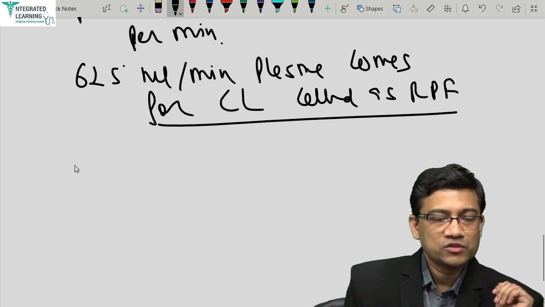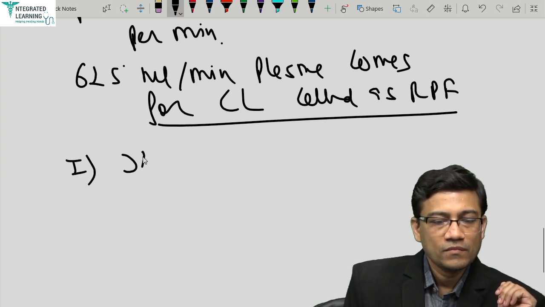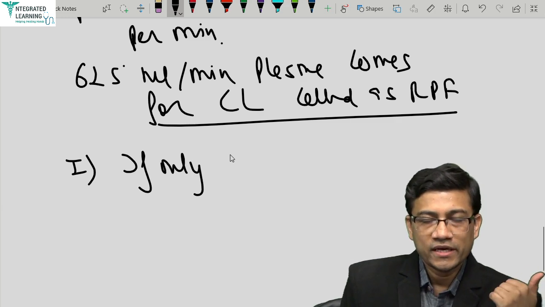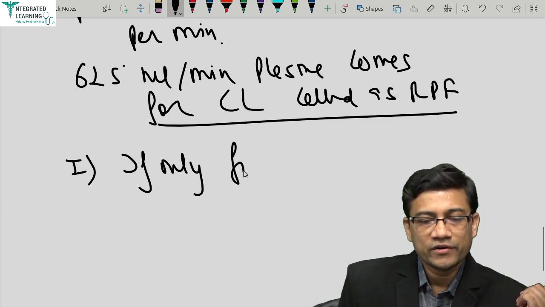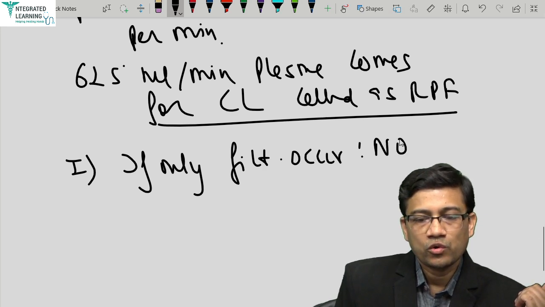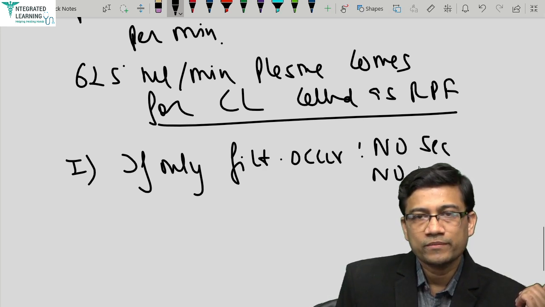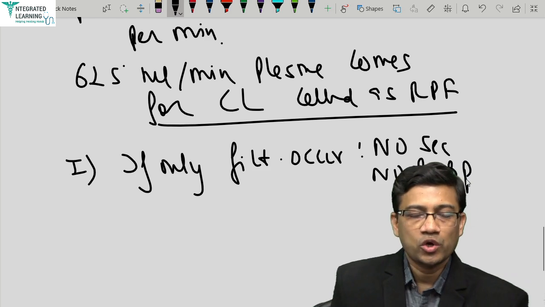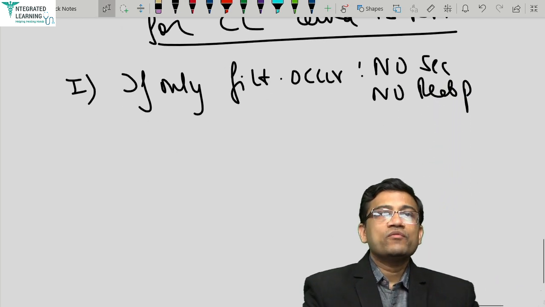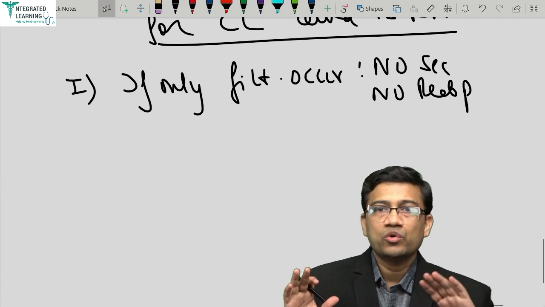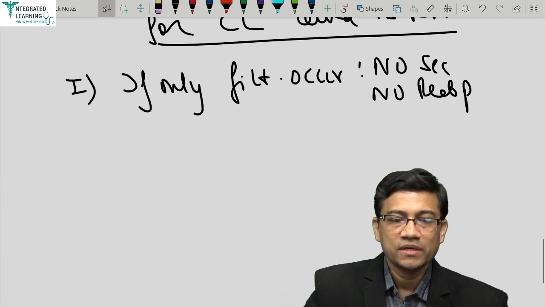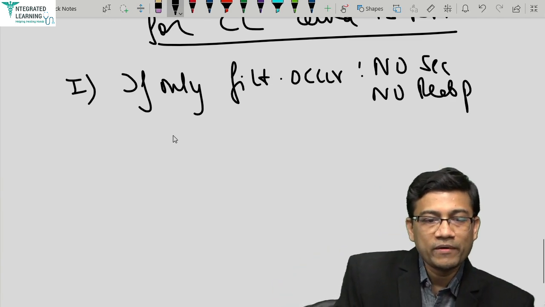First rule, if only filtration occurs, meaning no secretion and no reabsorption, that means you are clearing only by filtration.